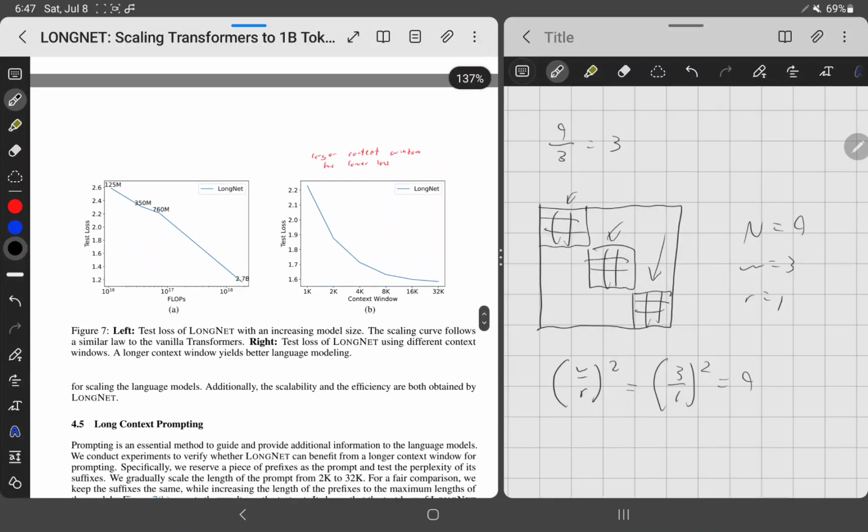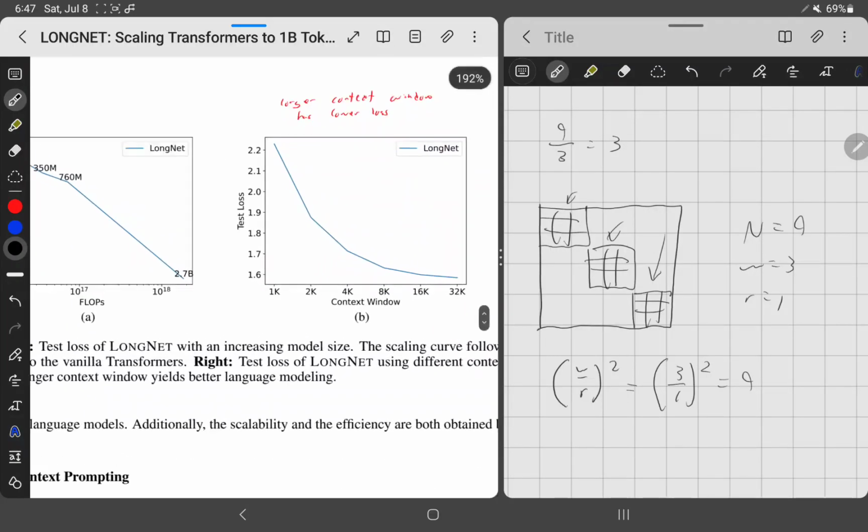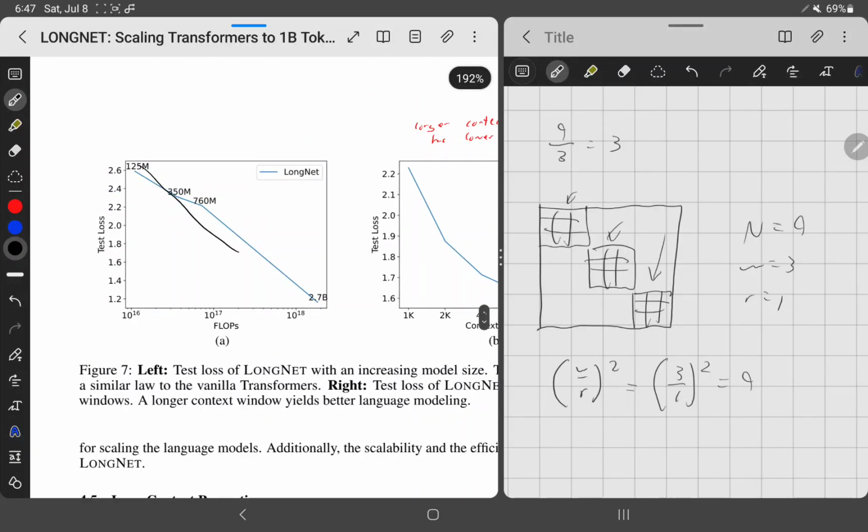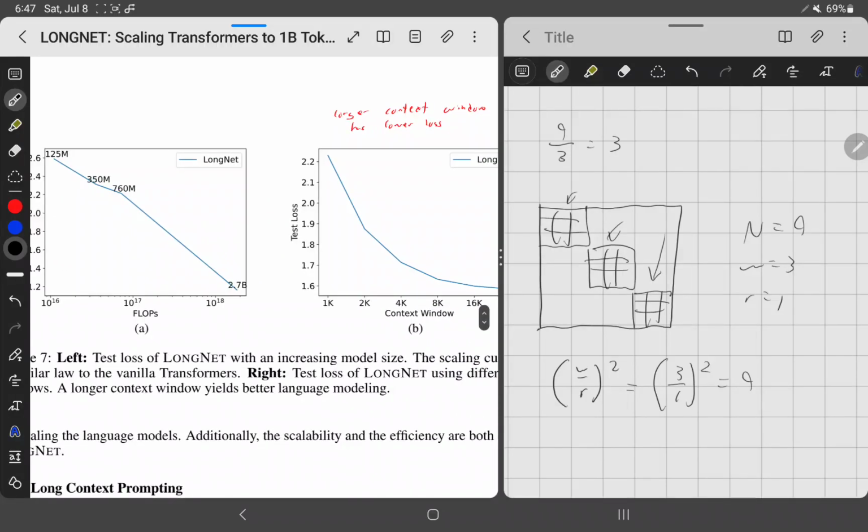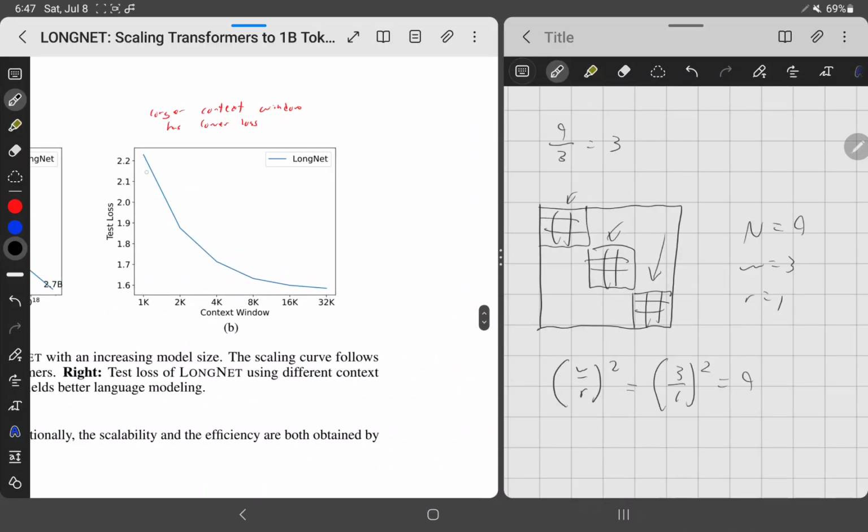This is the graph. On the left, you can see that as you increase the model size, of course, the test loss goes down, and on the right, you can see that as the context window increases, the test loss goes down, which just shows that scaling properties do hold for even sparse attention, which is kind of cool.